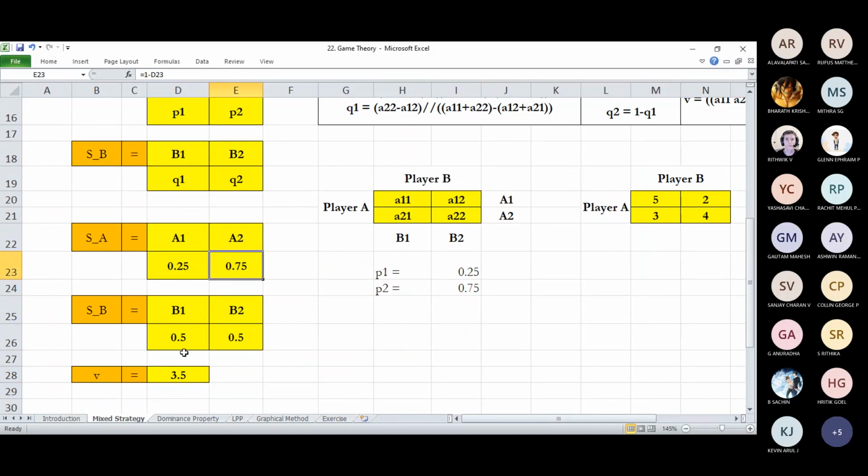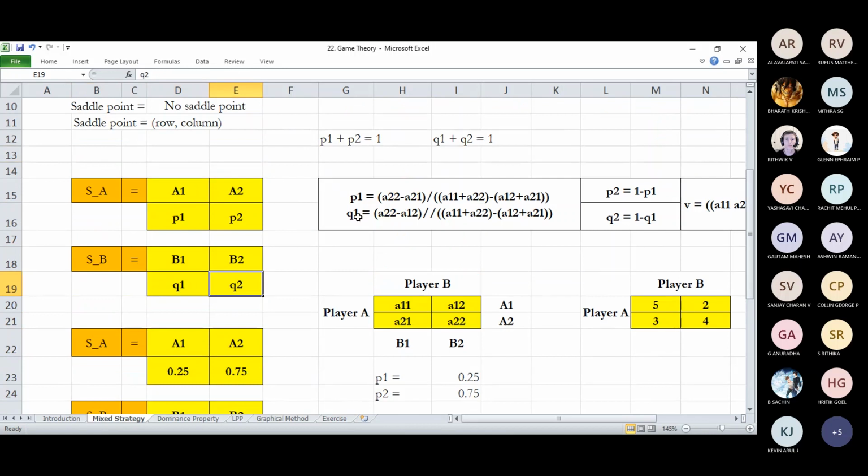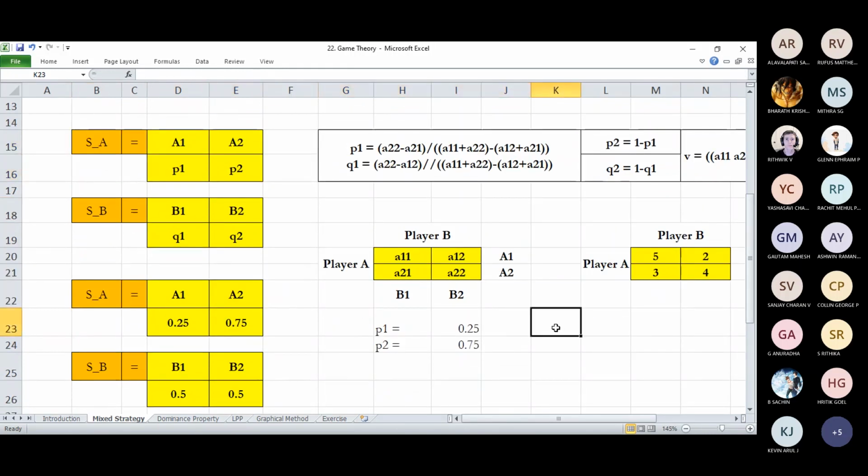And then you can find Q1 and Q2 also. So for B, it is Q1 and Q2. So here Q1 goes to the formula. Let's also do that. Q2 is nothing but 1 minus Q1. And the formula for Q1 is A22 minus A12.